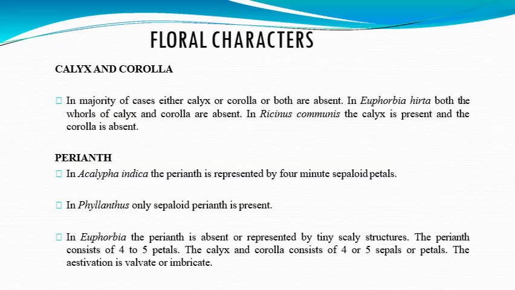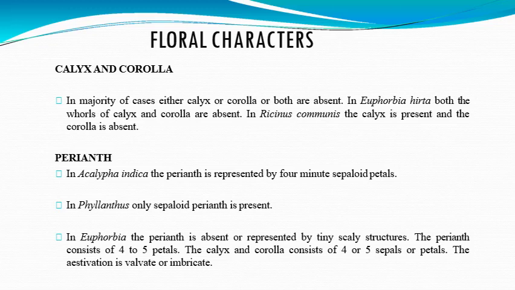Now here we have the floral characters of this family. As we already studied, the calyx and corolla are both absent, or any one of them is present in Euphorbiaceae family. So in Euphorbia hirta, both whorls of calyx and corolla are absent, and in Ricinus communis the calyx is present and the corolla is absent.